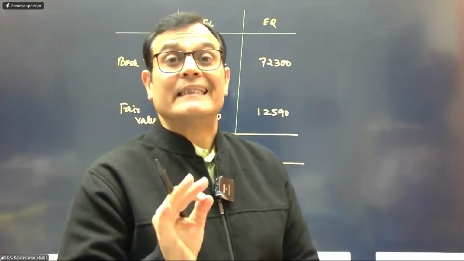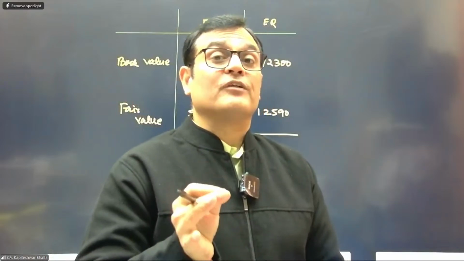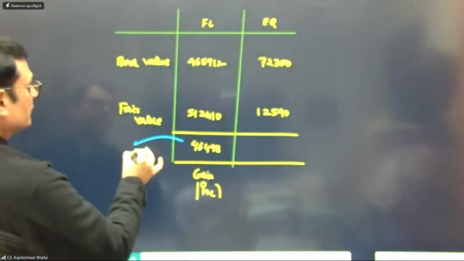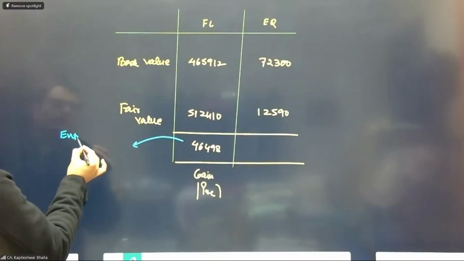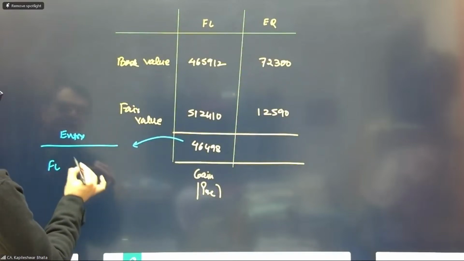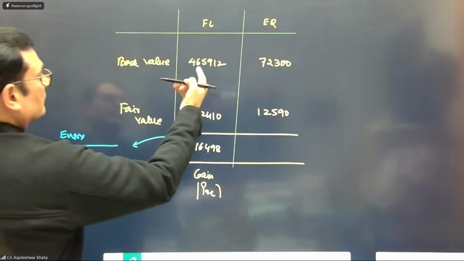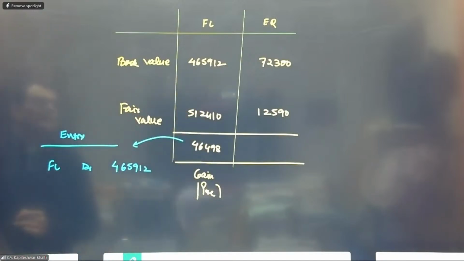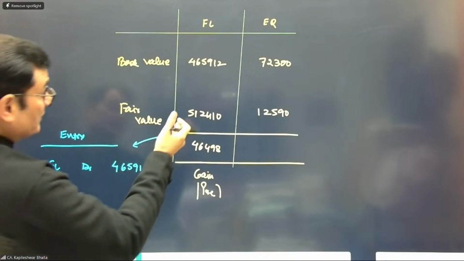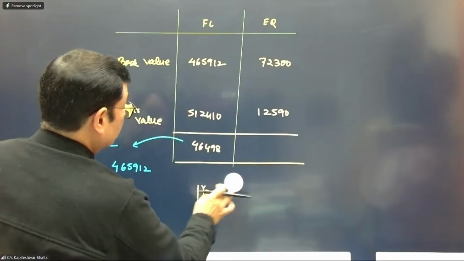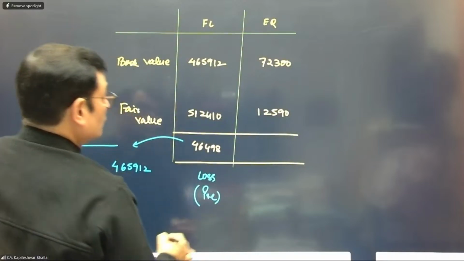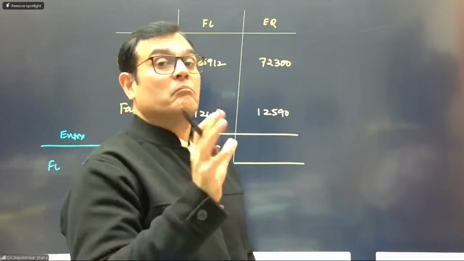Let's also have a look at the entry for the settlement of the FL component. The financial liability, which is in the books at a book value, gets a debit of 465,912, against which, I'm afraid, the company is paying more. My mistake, this is not a gain, it's a loss. The company is paying more than the book value.